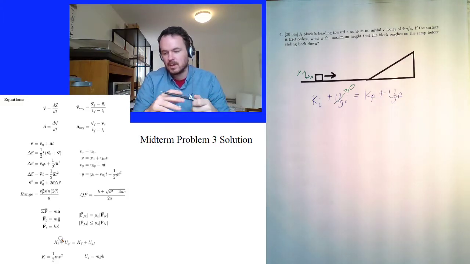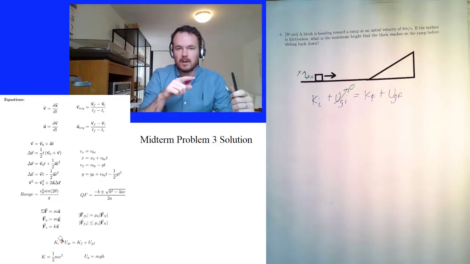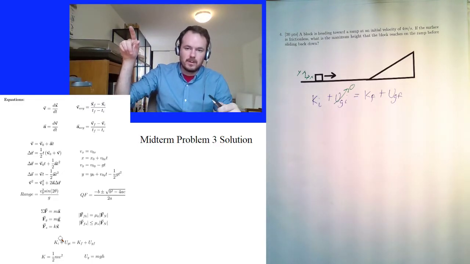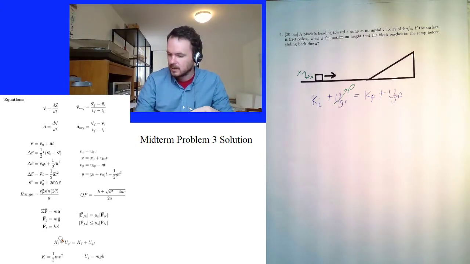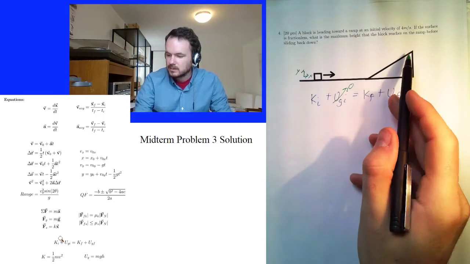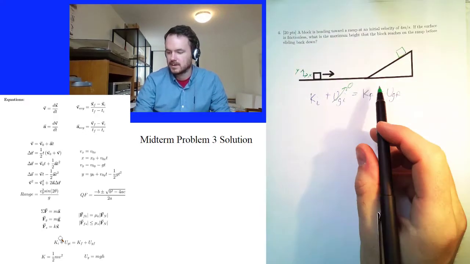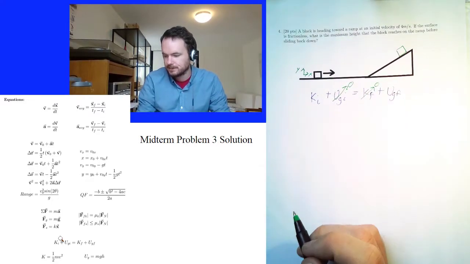So at that height, the velocity will go to 0, right? It'll be a positive velocity, and then it'll get to the point where it turns around, go to 0, and then start being a negative velocity when it slides back down. So the final velocity, when the block is up here just before it turns around, is going to be 0. So our kinetic final is also going to go to 0.